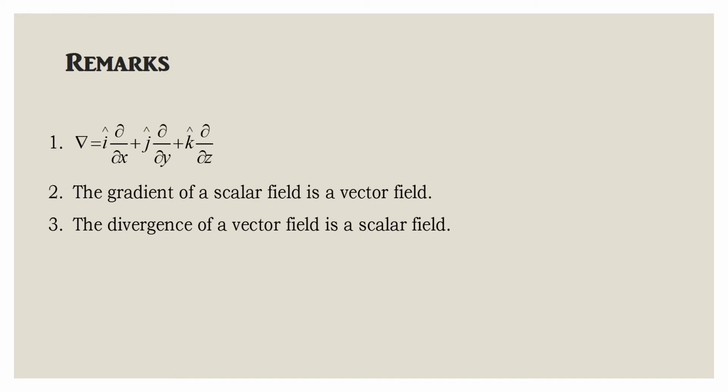Whereas the divergence operator del dot is a vector differential operator that applies on vector fields and produces scalar fields. These points are very important to be understood.